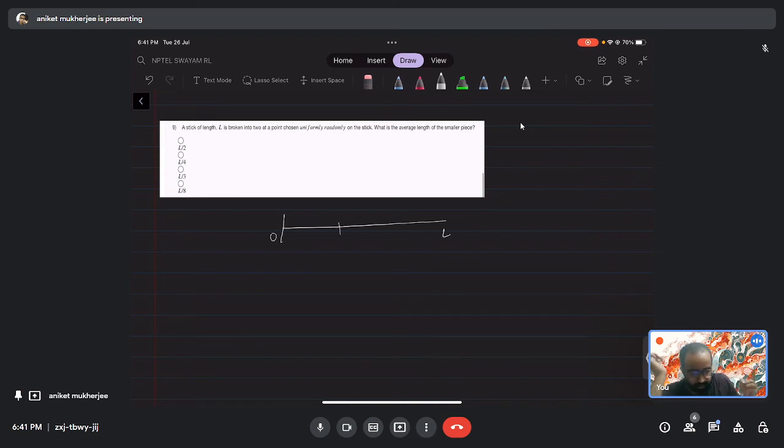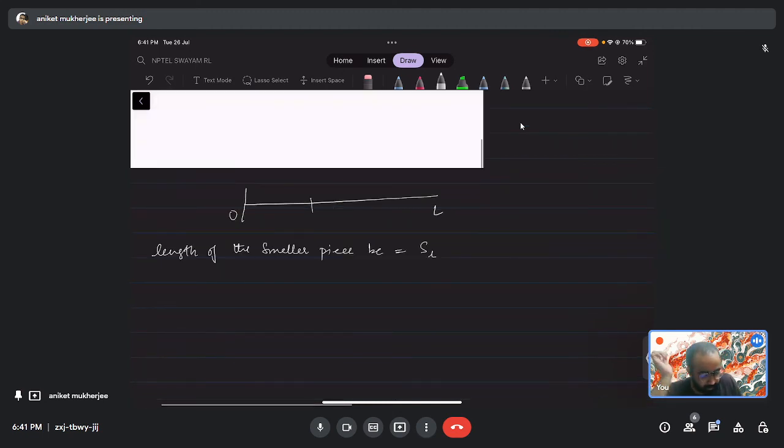You want to know the average length of the smaller piece. The smaller piece will always be less than half of the stick. So let the length of the smaller piece be SL, which is a random variable.